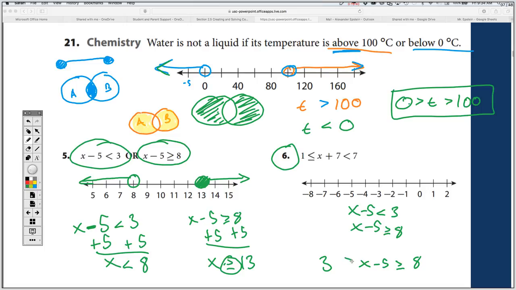So you could combine it, and then it would look like number 6, and solve it the same way, where you add 5 to both sides. So this would give you 8 greater than x, which is greater than or equal to 13.